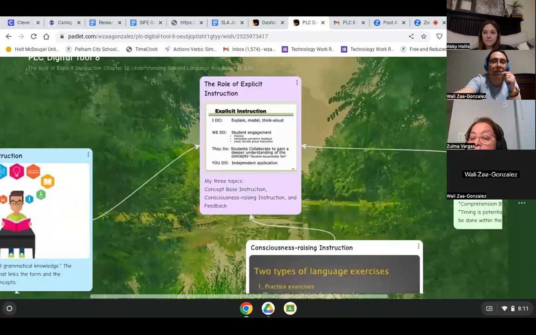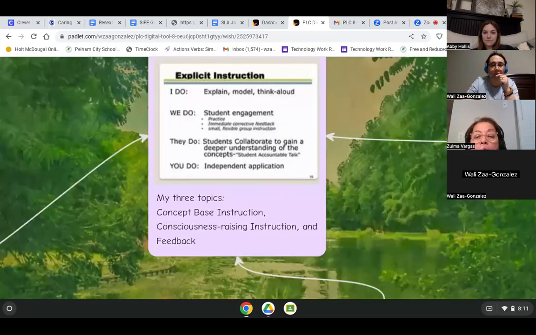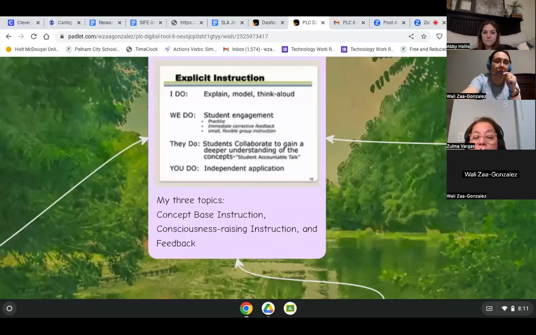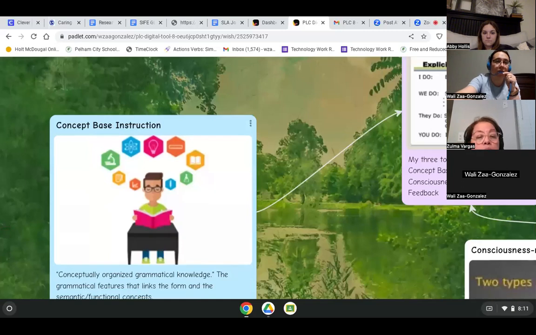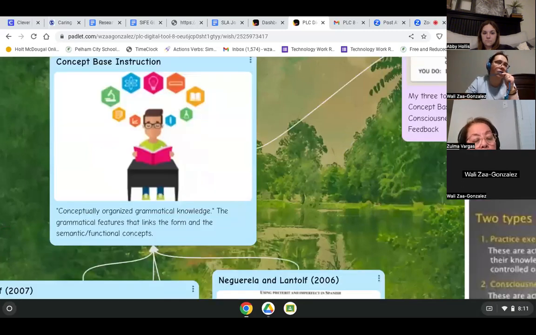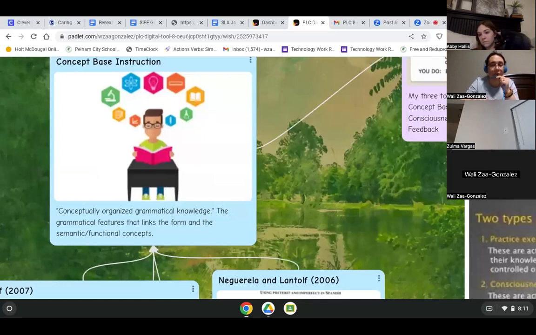My three topics this week were concept-based instruction, consciousness-raising instruction, and feedback. The first one that I went with is concept-based instruction. Concept-based instruction is conceptually organized grammatical knowledge. The grammatical features link the information, the forms, and the semantic function concept.